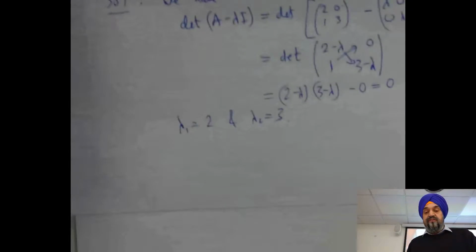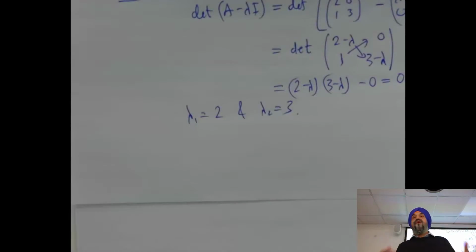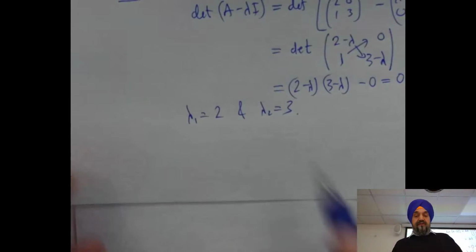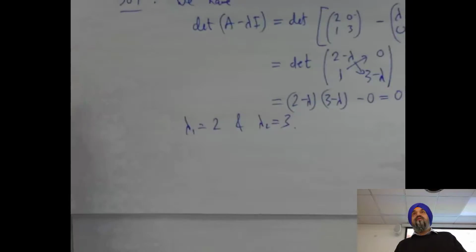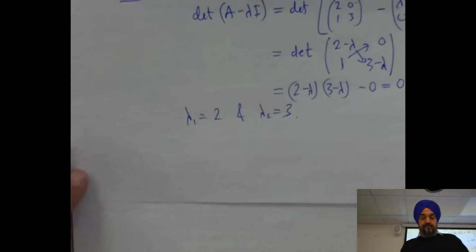So now we've got the eigenvalues. Now we've got to find the eigenvectors. The question says determine the eigenvalues and eigenvectors of A. So let's write it this way.